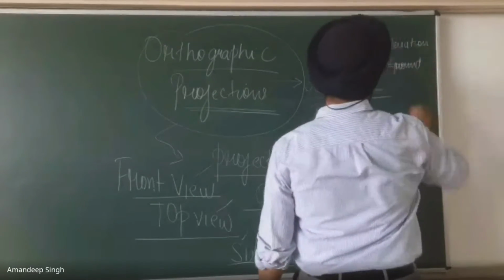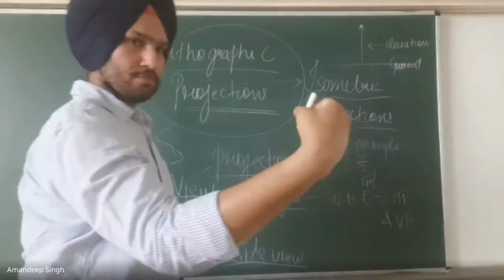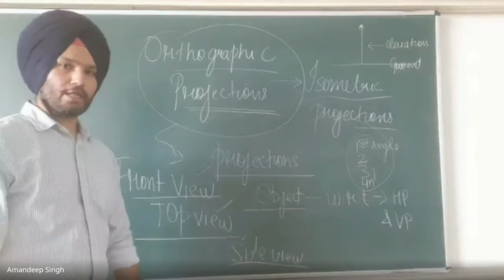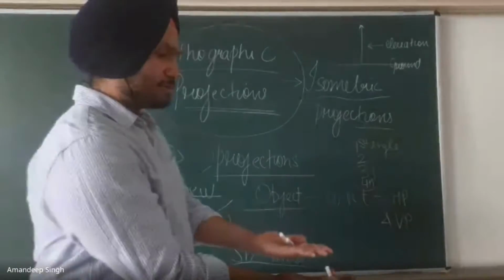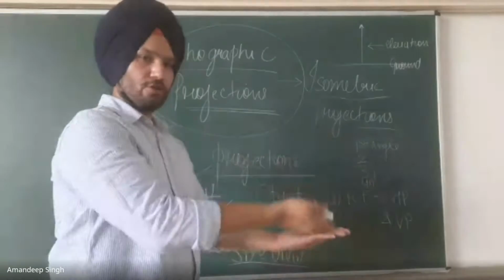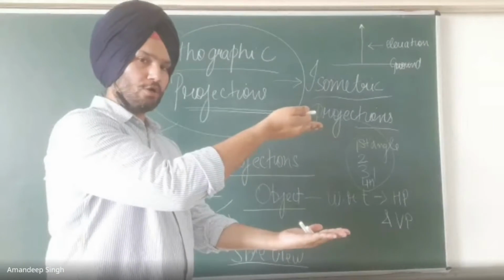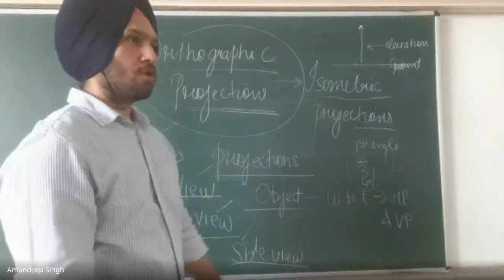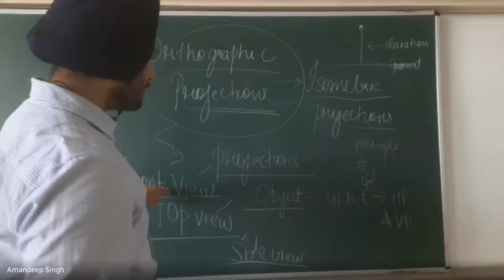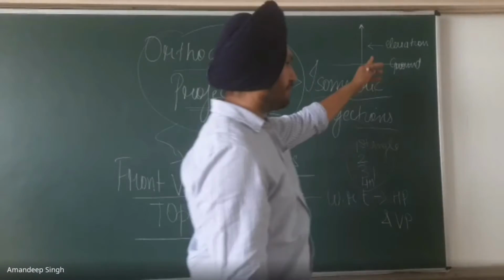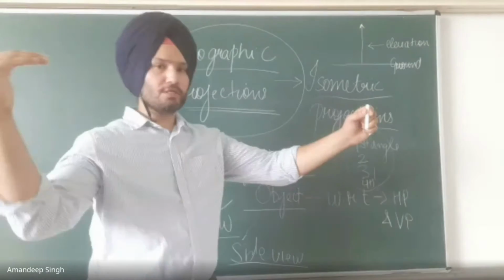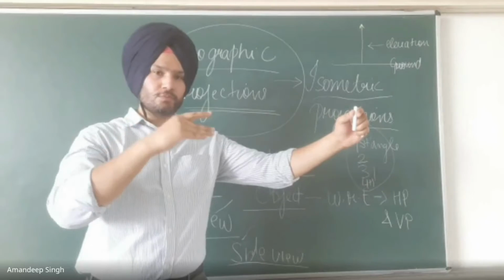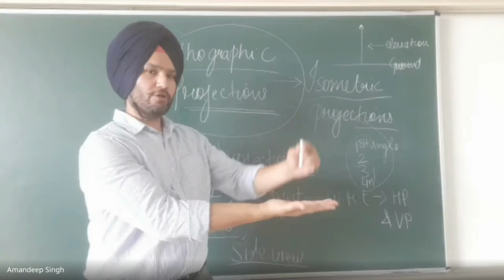So if I am viewing an object from the front side and it is at some height above the horizontal plane, it is called the front view or front elevation. And if I'm watching the same object from the side, it is again at some level above the horizontal plane.